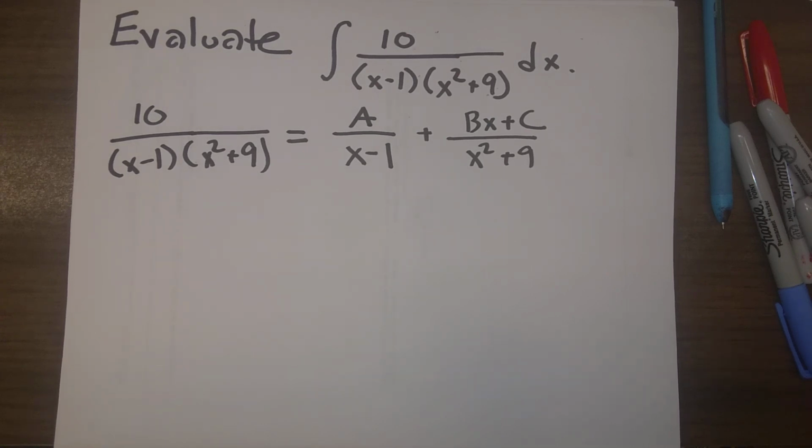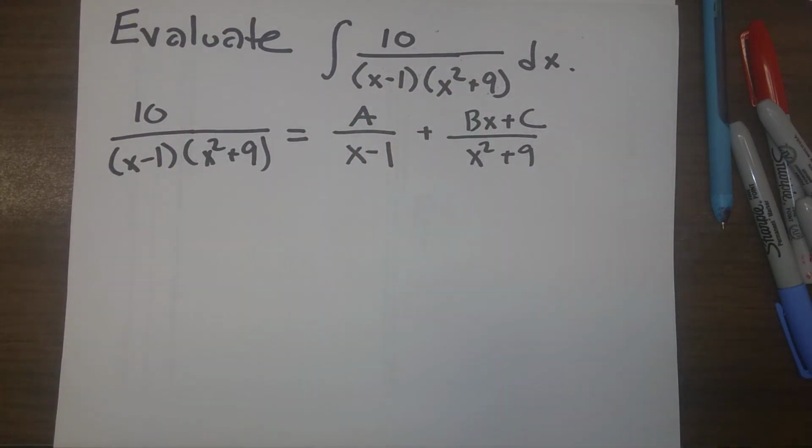So whenever you have a linear factor times an irreducible quadratic factor, this is what we are aiming for: A over the linear factor plus bx plus c over that irreducible quadratic factor. And just as before, our goal is to figure out what A, B, and C are.